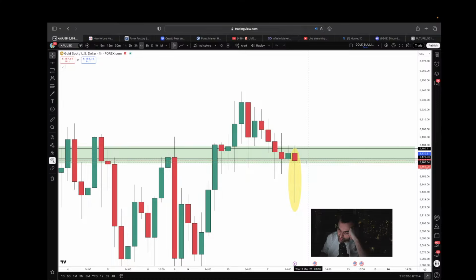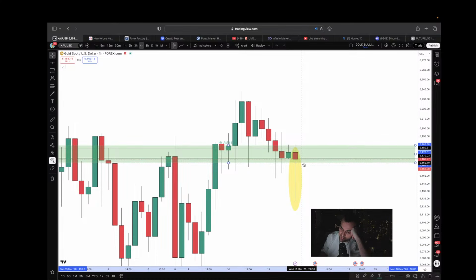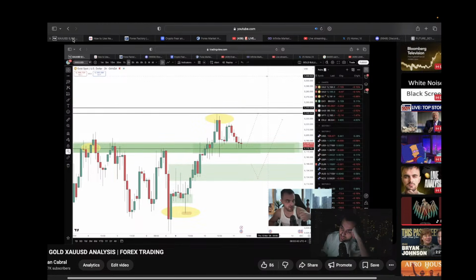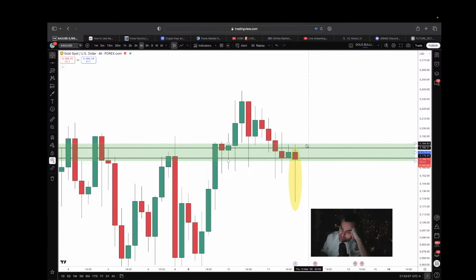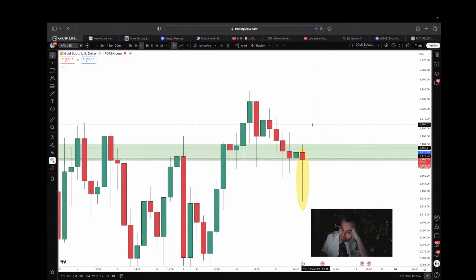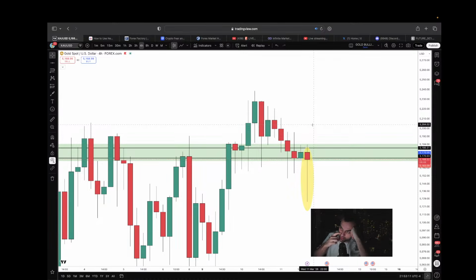This was the zone I was looking at, a little bit higher actually. Yeah, 5170, 5175 up to there. So it's coming back almost to that first zone you can see that I drew this morning, pretty much close. This 4-hour looks pretty significant, I would say.